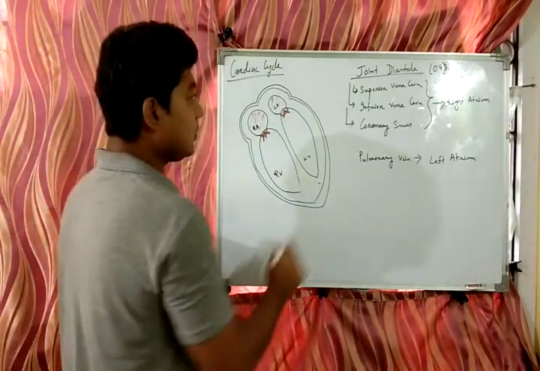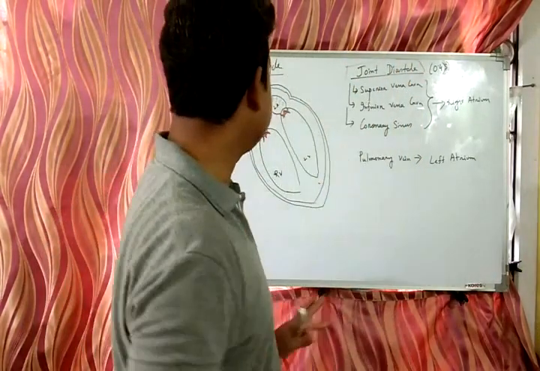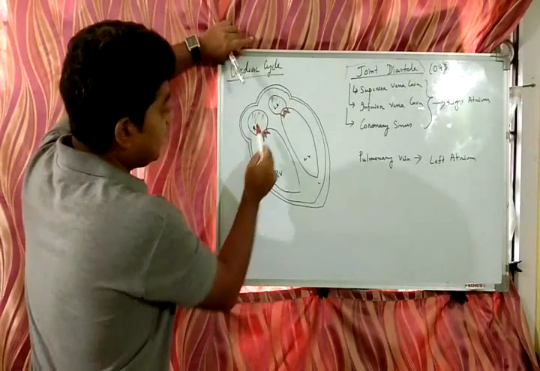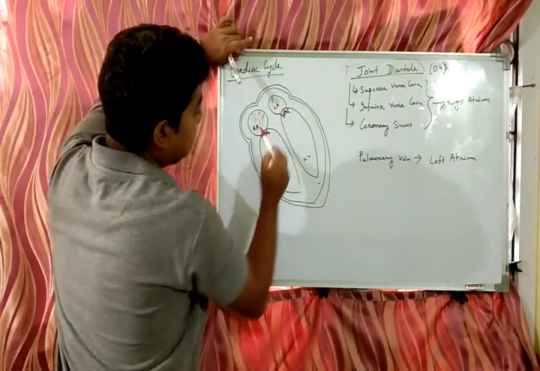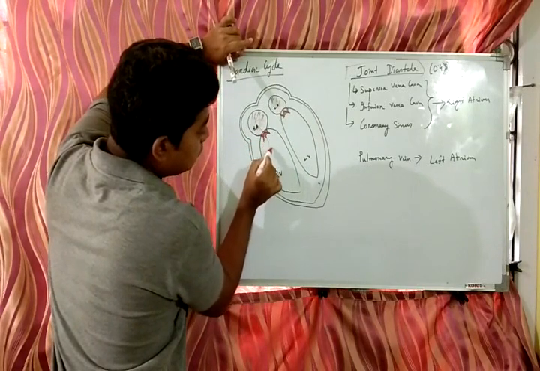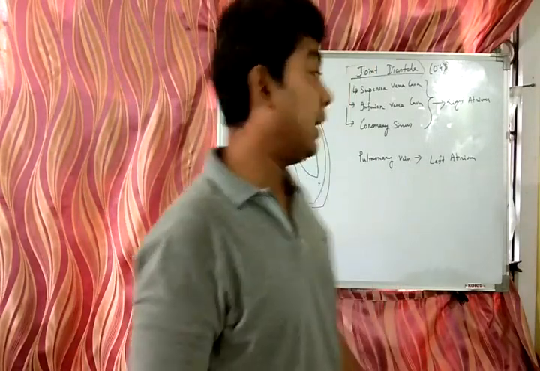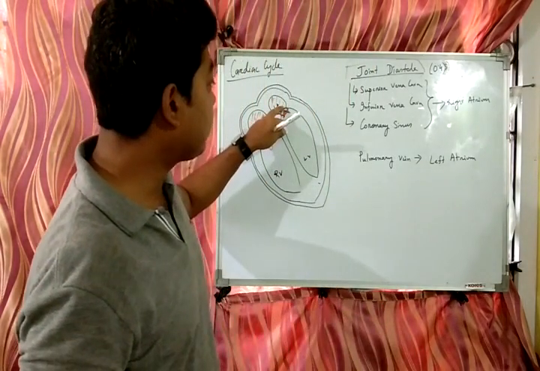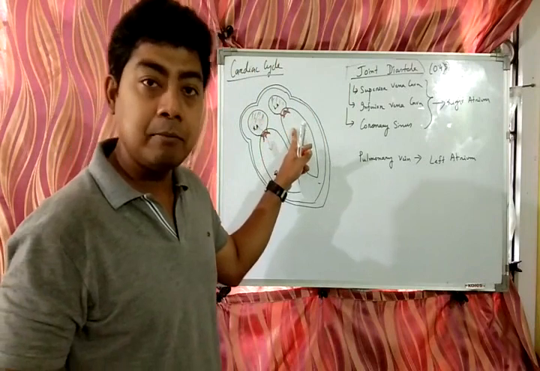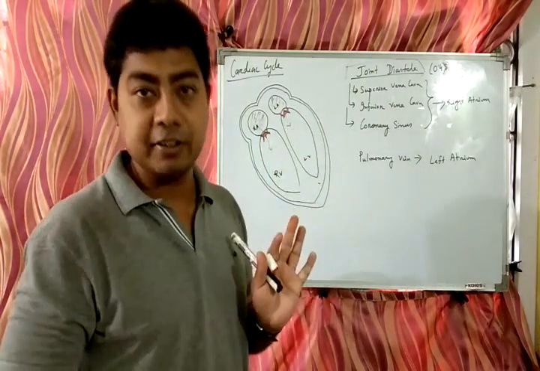Now, in which condition is it? It is in joint diastole. That means all chambers are relaxed. Now, from the right atrium, the deoxygenated blood moves to the right ventricle. Likewise, from the left atrium, the oxygenated blood enters the left ventricle.